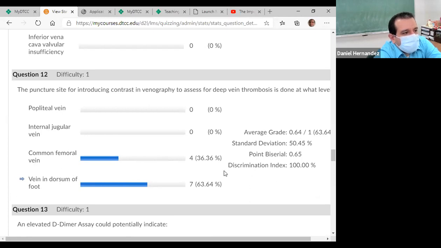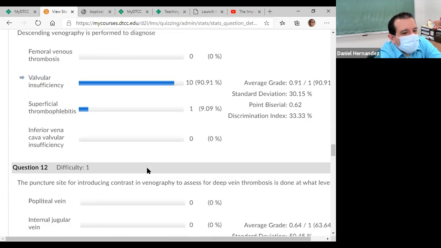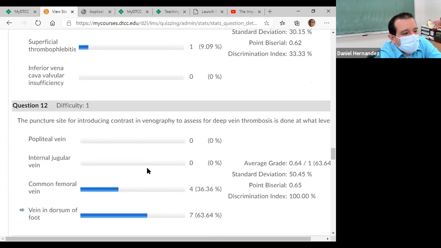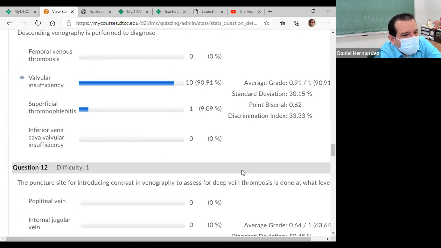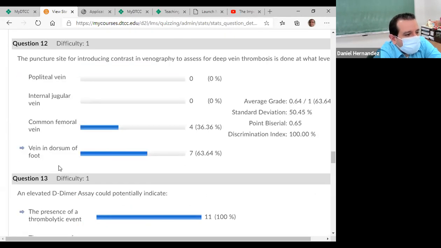Dorsum of the foot would be for ascending venography. I'm sorry, I get confused. So common femoral vein level would be for descending venography, I apologize, and then the dorsum of the foot would be for ascending venography. So for DVT, it's ascending venography. We want to introduce the contrast low and watch it travel up the leg.